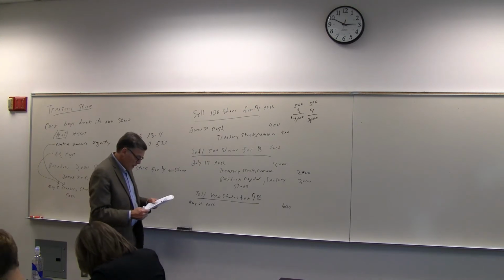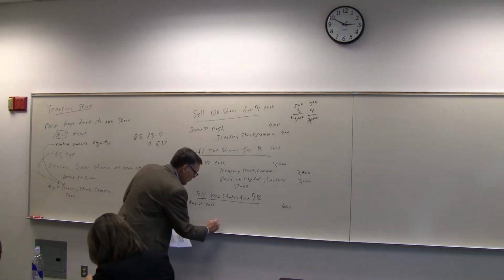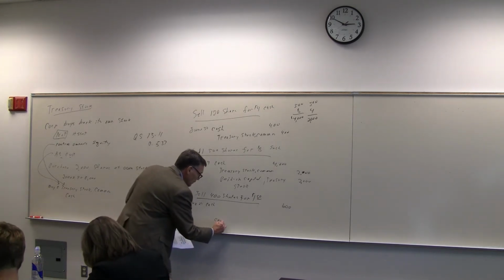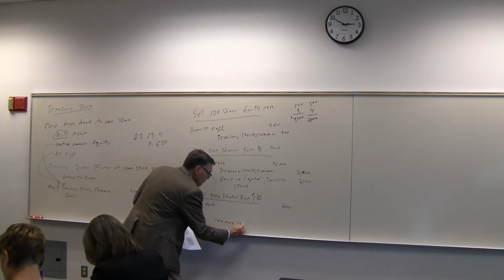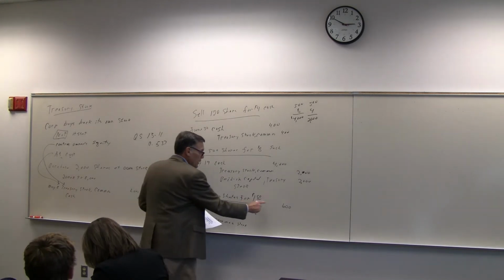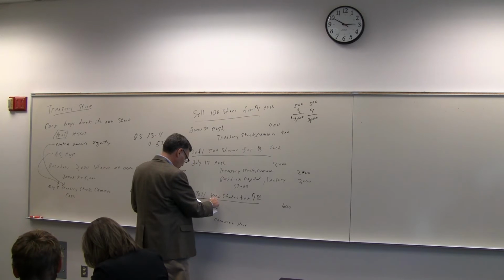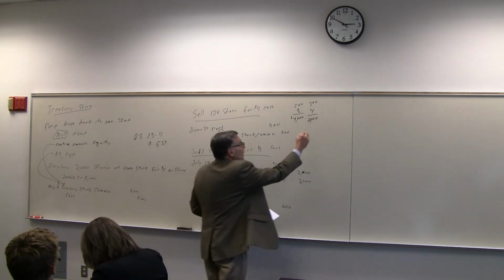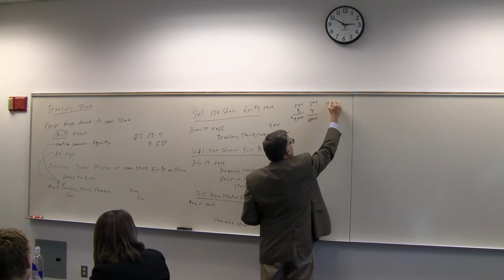Okay? Now, let's go down to the credit entry, common stock. And common stock will be 400 times $4, which would be $1,600. So they paid $4 for it, they sold 400.